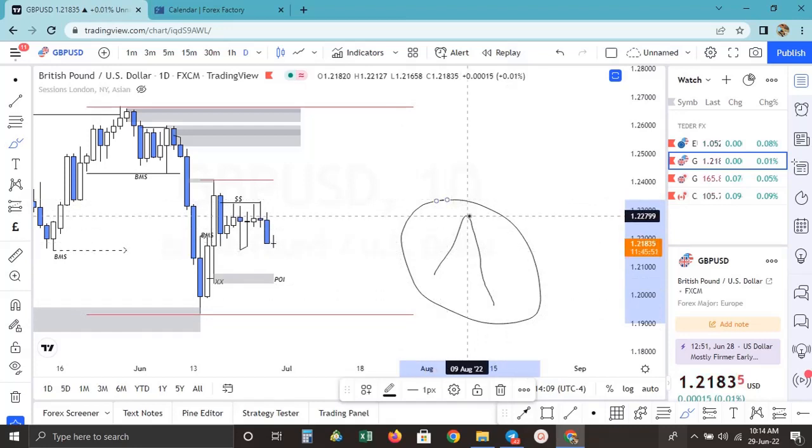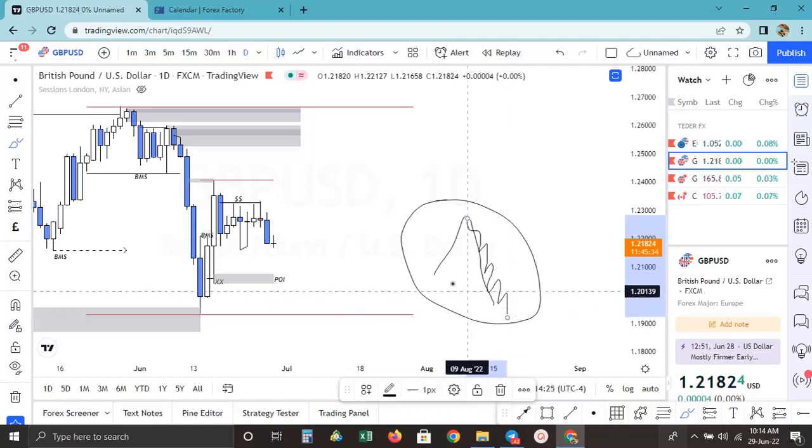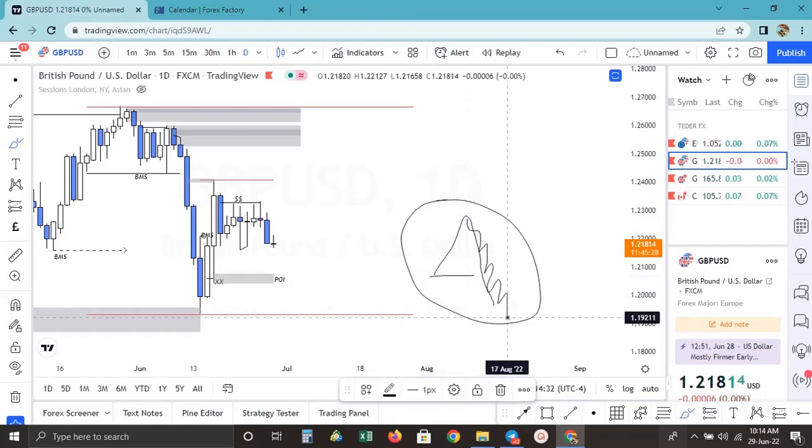So what we will be seeing on the 1 hour time frame and the 4 hour time frame is that the market will be creating a lower low, a lower high, a lower low, a lower high, a lower low, a lower high, and a lower low. And if they have broken the previous lower low, what we'll be seeing again is a reversal, in order for price to give us a new lower high.